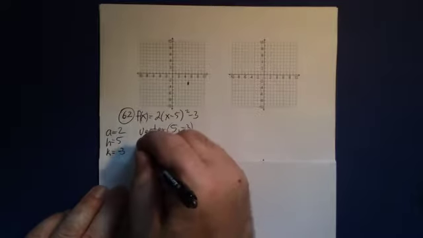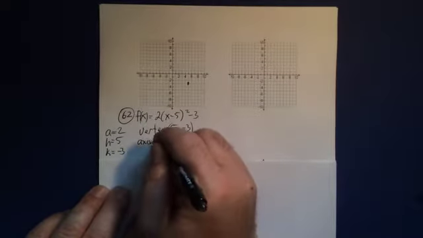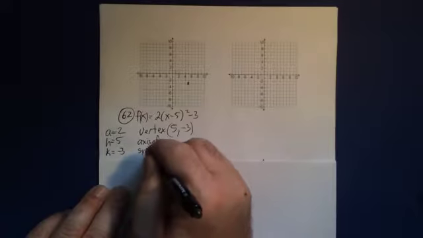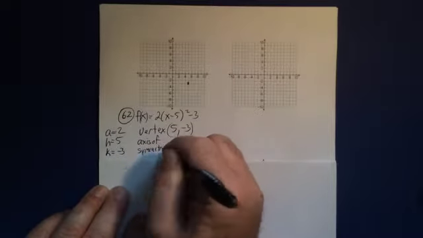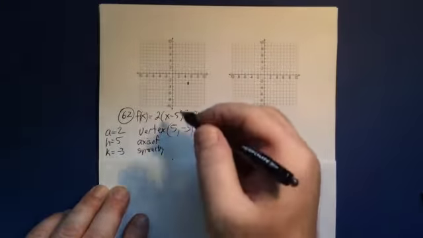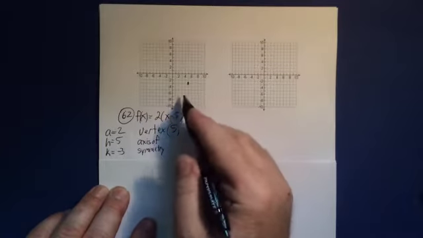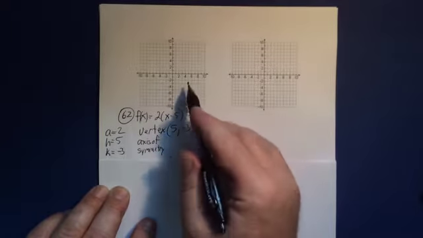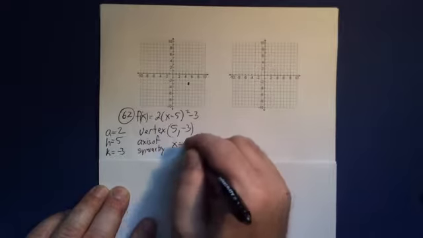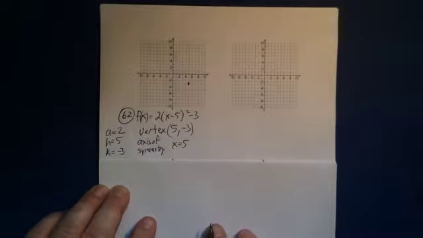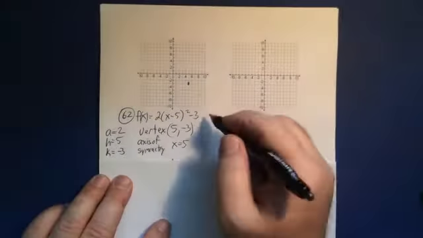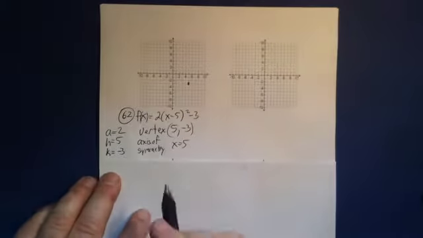But first, axis of symmetry. The axis of symmetry should be, well, we get it from here. x equals 5. I'll save this here just in case.